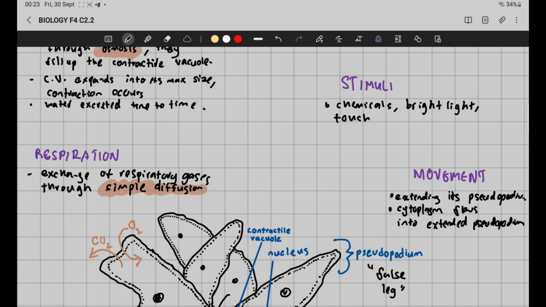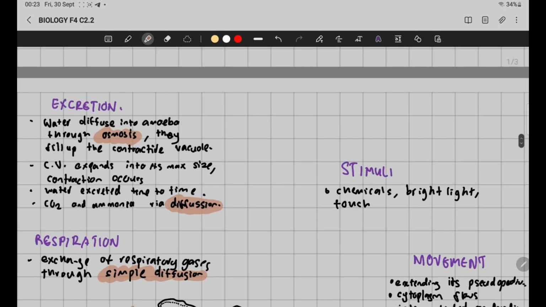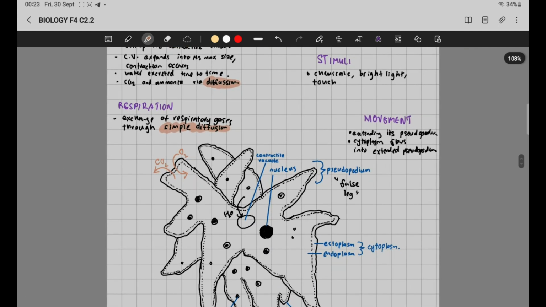So these two things, CO2 and ammonia, need to be discarded from the amoeba, so they are excreted via diffusion. One more time, you should be alert to the term of how the molecules move through or from the amoeba.